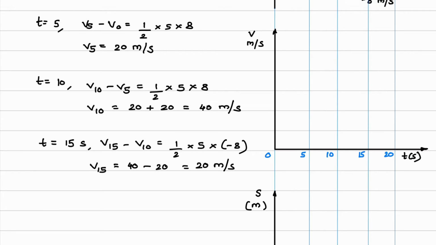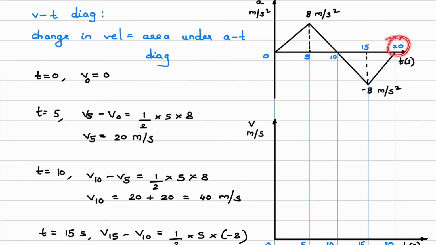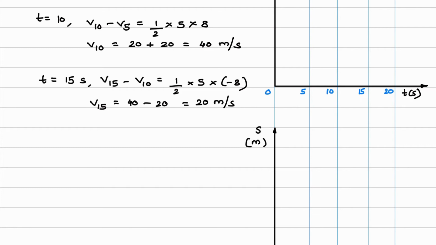Then the last point is when time is equal to 20 seconds. The change in velocity, v20 minus v15, is the area under this line with respect to the x-axis. So this will be the area of a triangle, half into base is 5 and height is -8. v20 minus v15 is equal to half into 5 into -8.